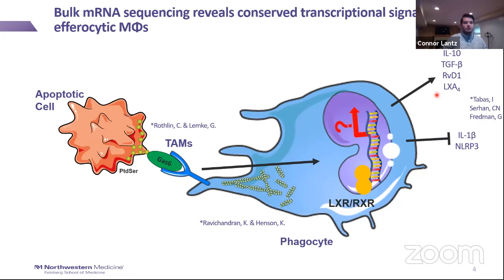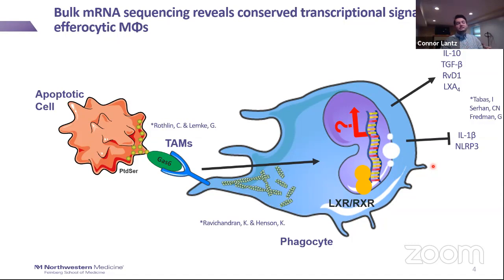And these are important for carrying out the reparative processes induced by efferocytosis. Furthermore, there's an inhibition of inflammasome activation and the expression of inflammatory cytokines, thus once again polarizing these macrophages to an inflammation resolution phenotype.